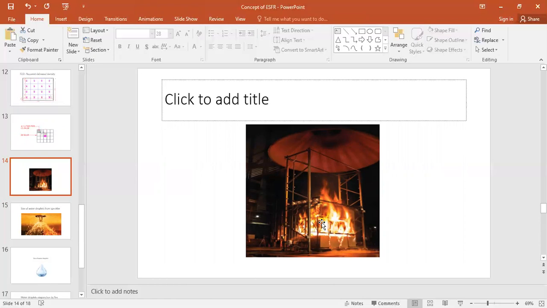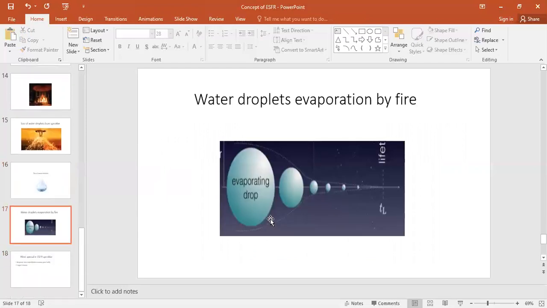With this kind of high-energy fire, even if the sprinkler is activated, the water droplets passing through the flame may be evaporated by the heat of the fire.